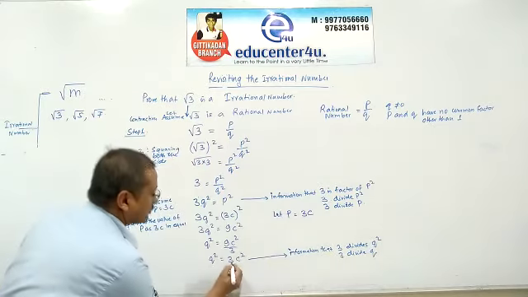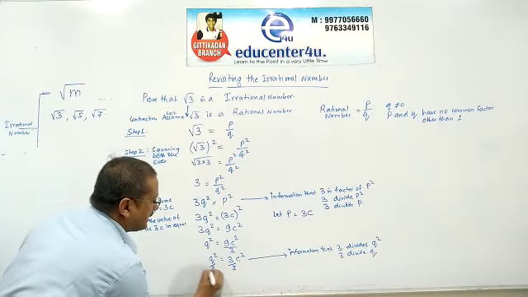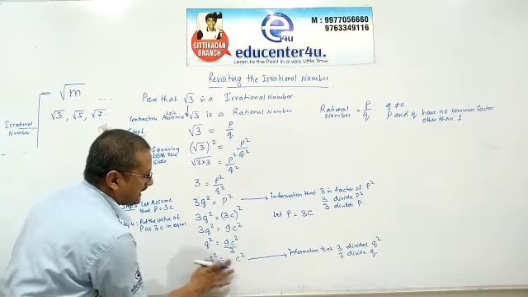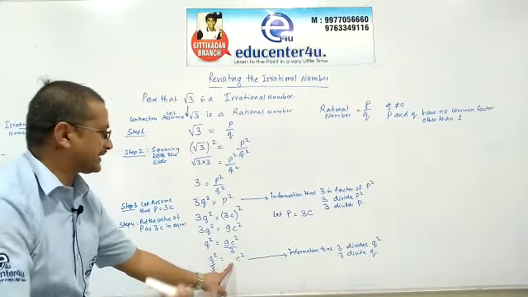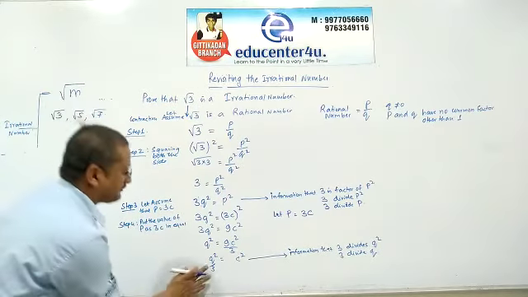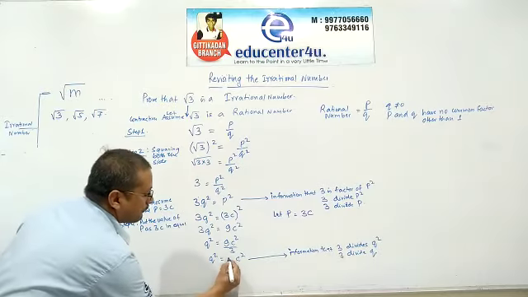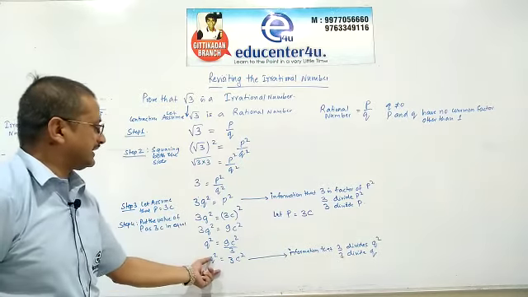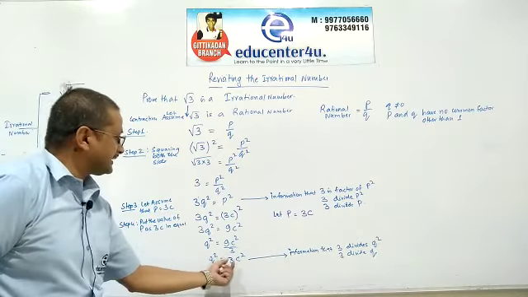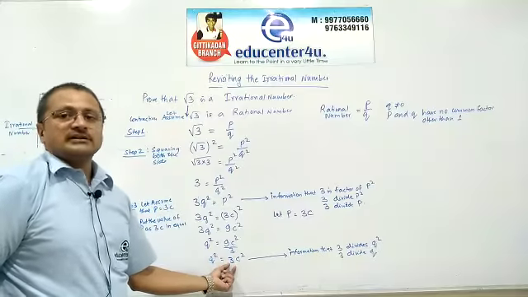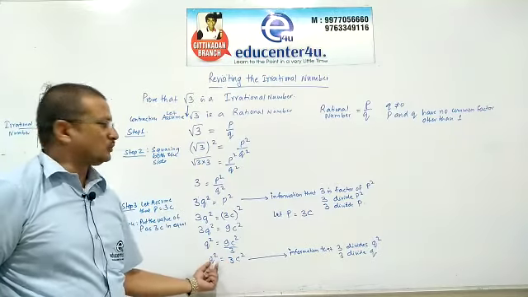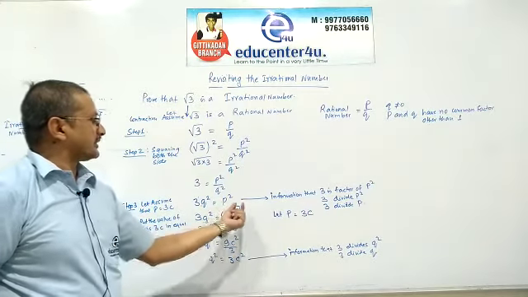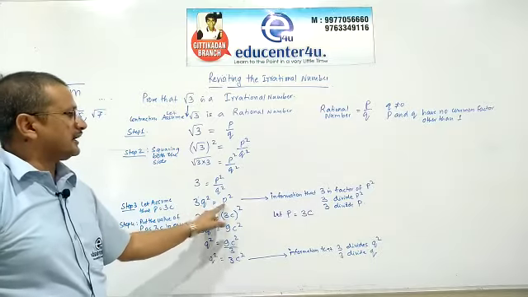If the left and right hand sides are divisible by 3, then that number will be divisible by 3 also. So 3 is a factor of q, and 3 is also a factor of p.